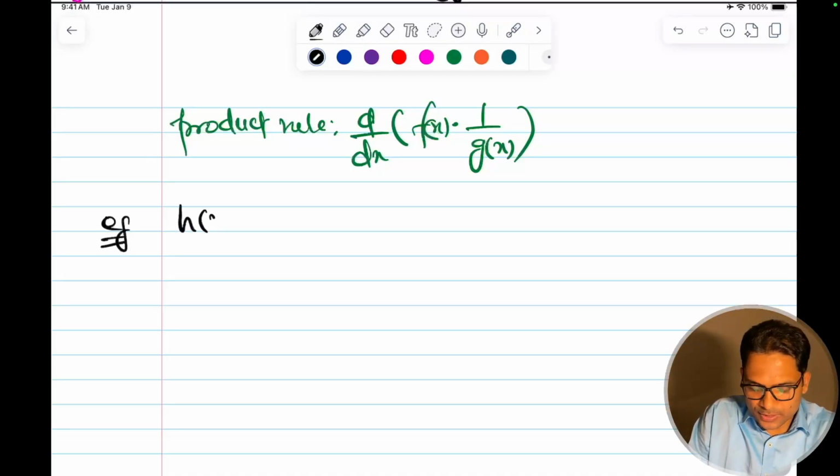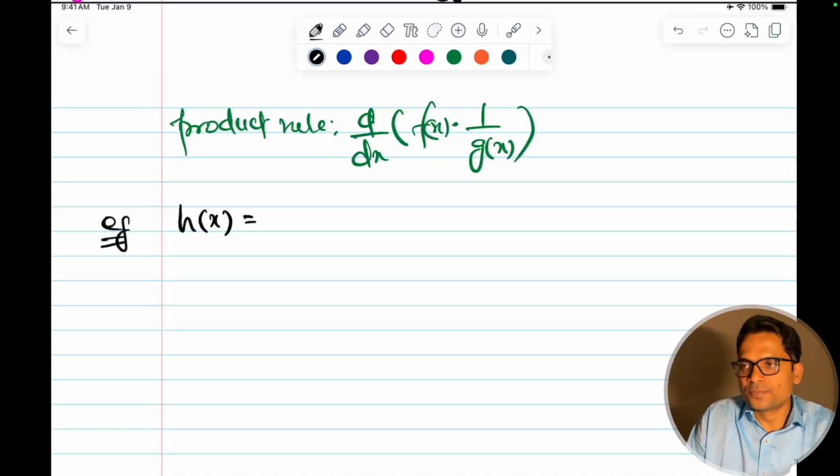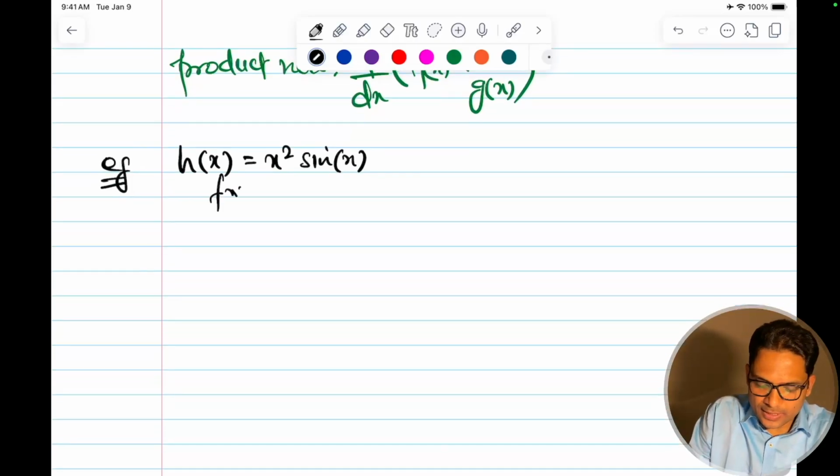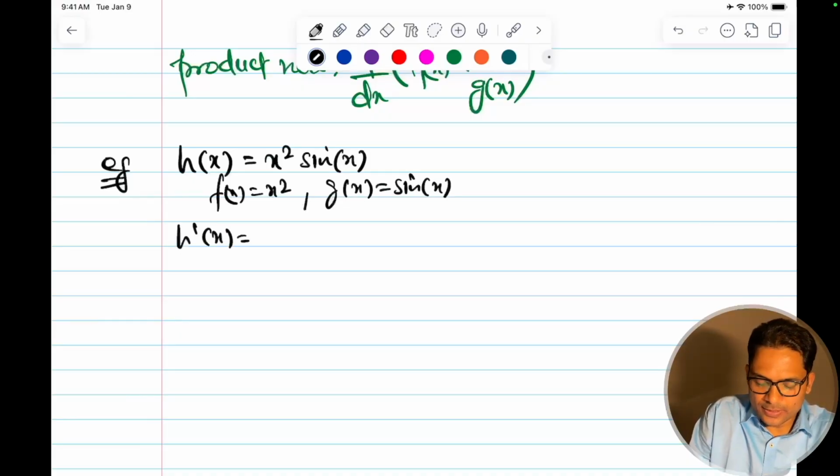So my function h of x is equal to x square sine x. My fx here is x square, and gx here is sine x, right? So my h dash x will be f dash x into g of x plus f of x into g dash of x.